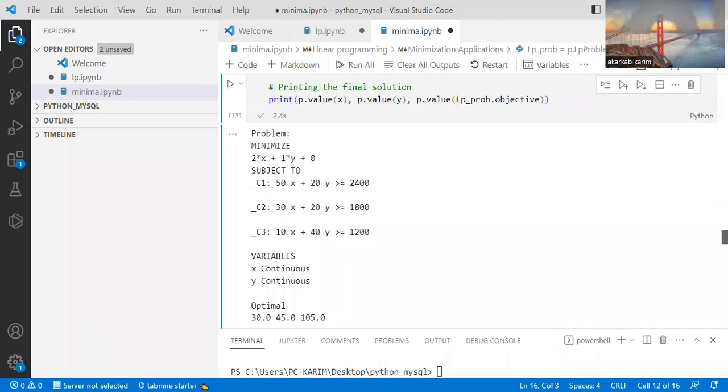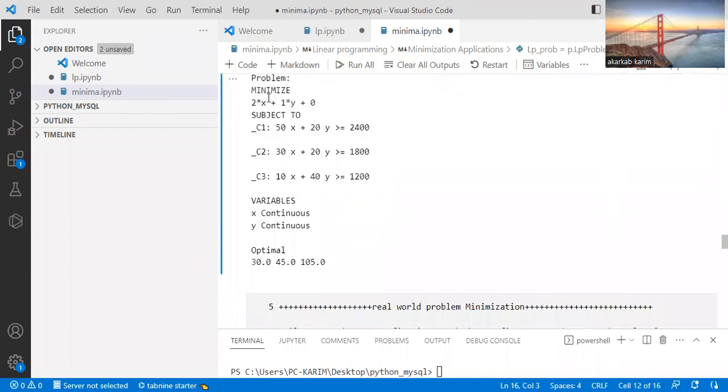So we want to minimize this cost based on the constraints we have. The optimal solution is 30, 45, and 105. That means the cost function is 105.